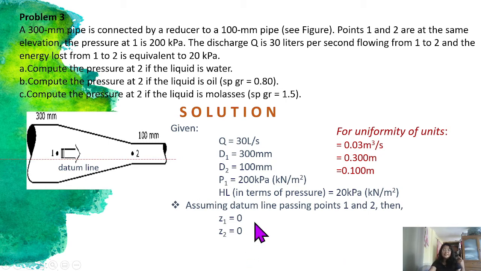So, you will say that Z1, or the line passing through point 1, is 0, and that is pantay with the datum line that is equal to 0 at point 2. So, meaning walang elevation head, ha? So, pantay yan. Okay, wala tayong difference in height or elevation. Okay, so let's go to the next slide.